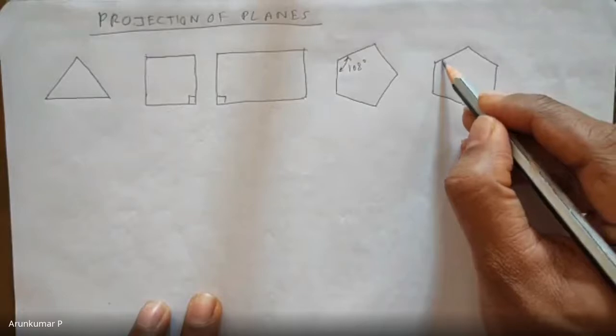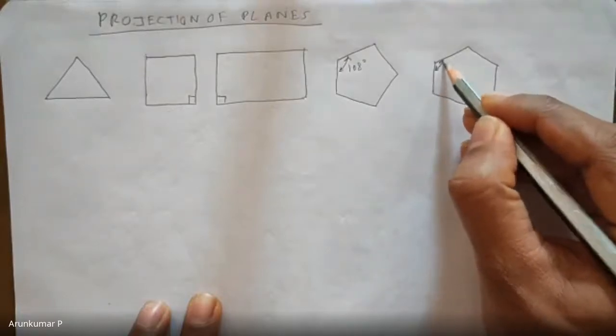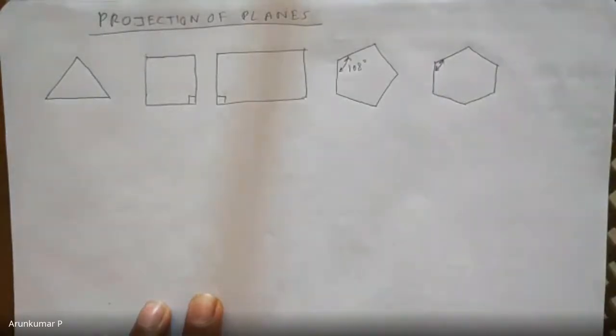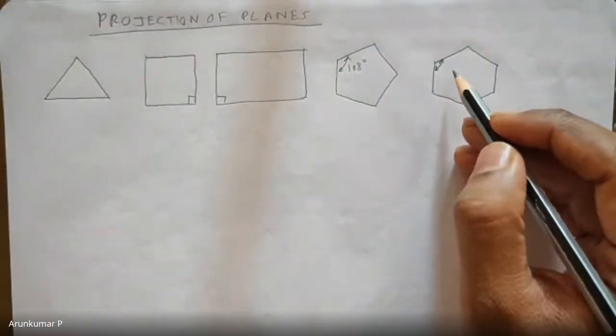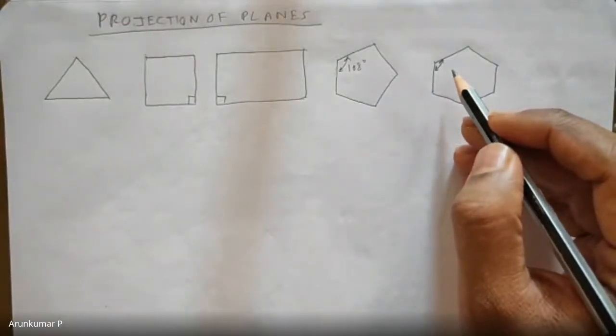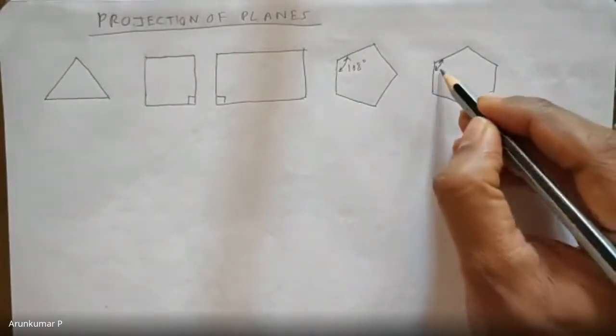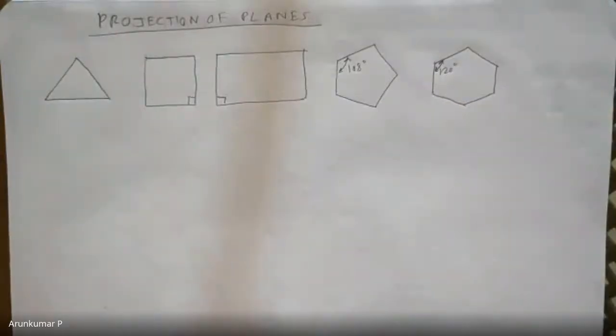Do you know the angle between two edges of a hexagon? The internal angle. How much is this angle? Any idea? 120. Yeah, 120 degrees.